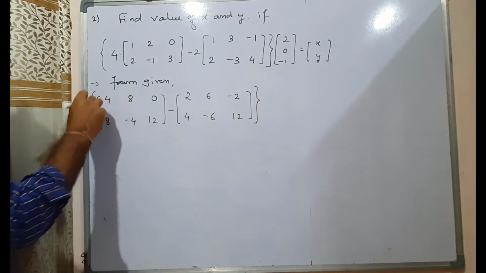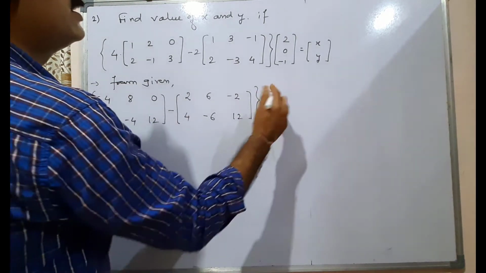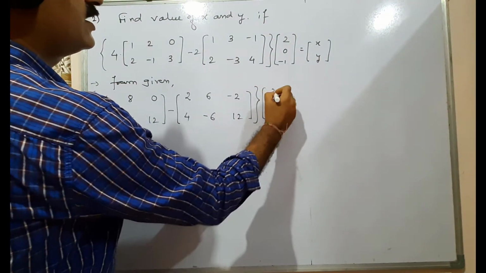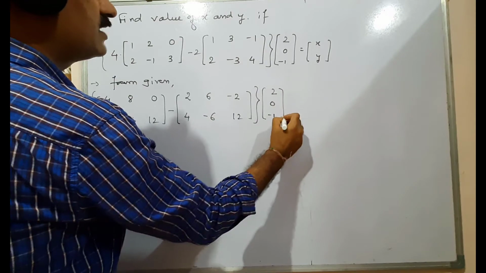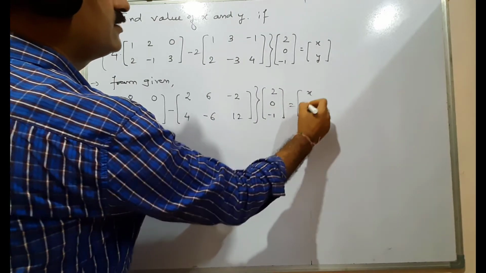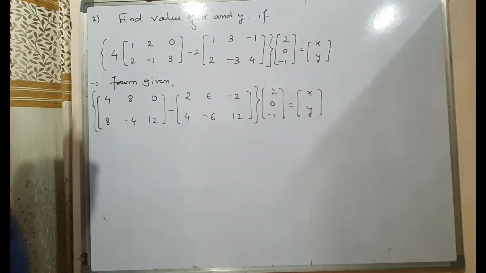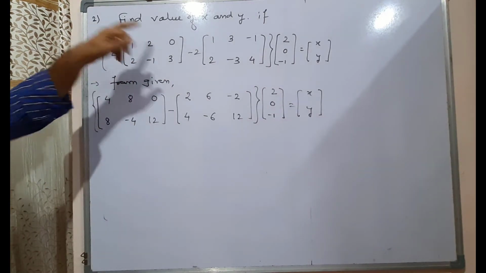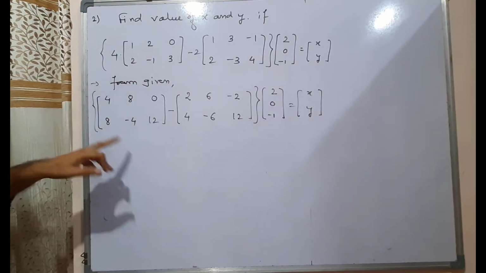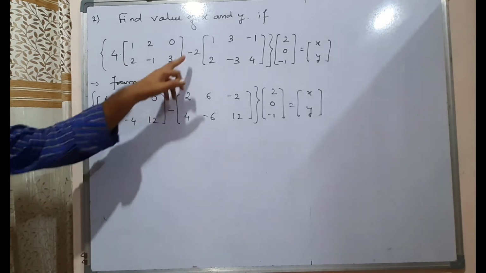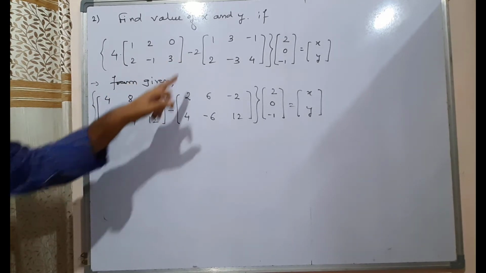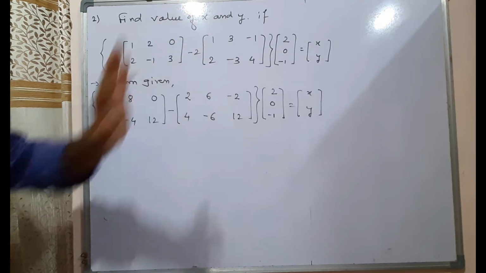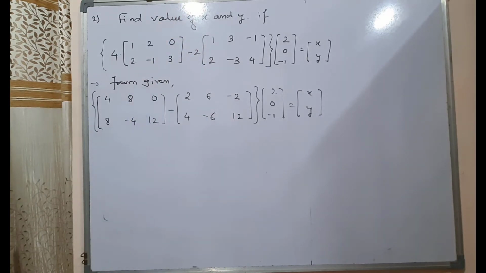Now you combine with one bracket and write down this matrix as it is and keep this x, y as it is. What we do is take the multiplication of this 4 with each element of the matrix. Here you keep this negative sign as it is and multiply this 2 with each element of the matrix.